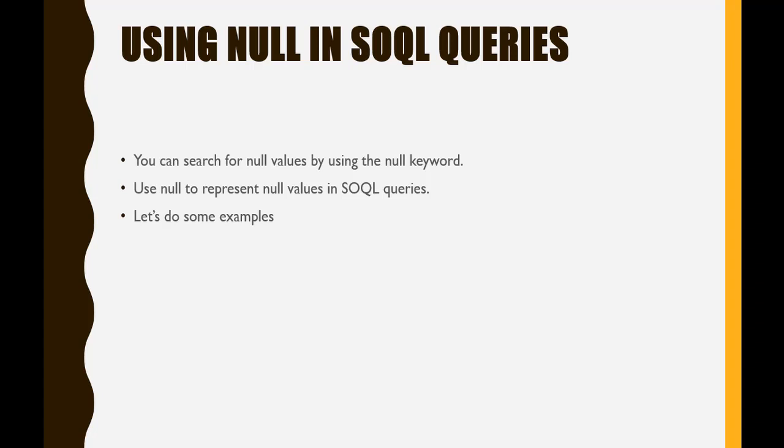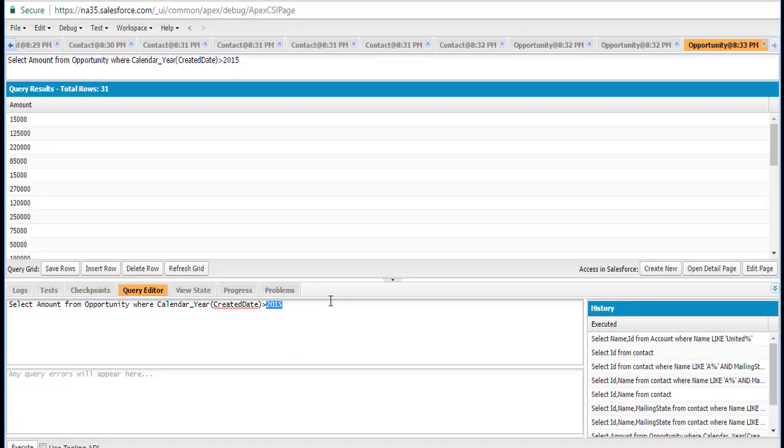Let's go back to our developer console, and let's say we wanted to select the account ID and the name from the event where the activity date is not equals to null, meaning where there is some activity date present, we want to fetch all the records. So select the account ID from the event table where the activity date is not equals to null.